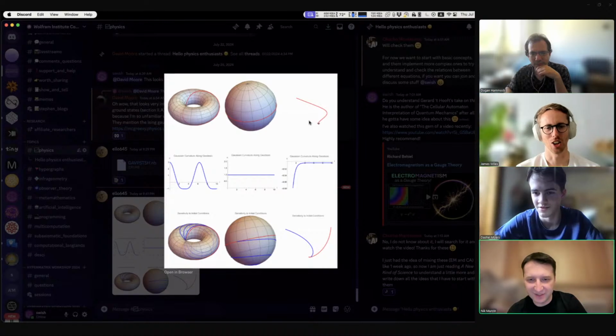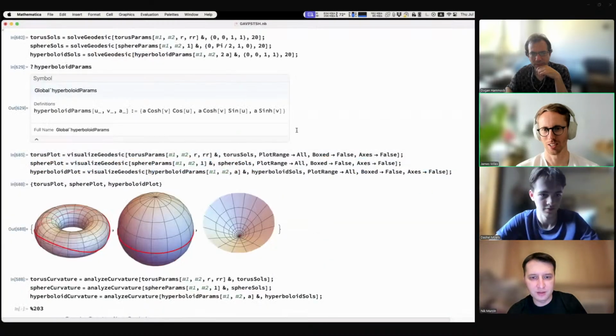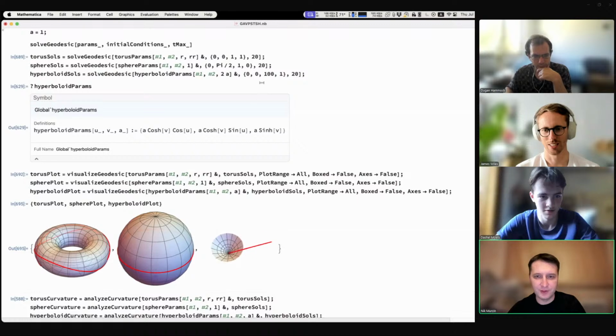So make that thing a lot longer. Make it like 10x, Nick, and then see if some curvature starts emerging. Well, it depends. You have your original parameters there.